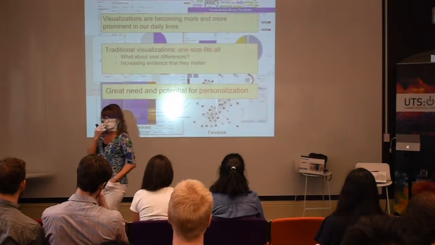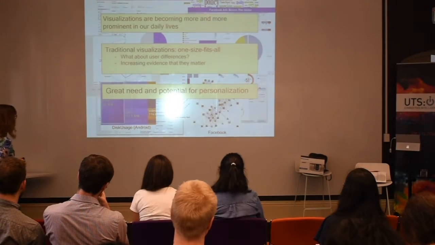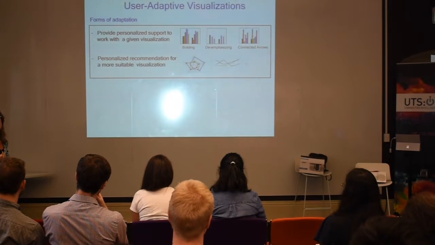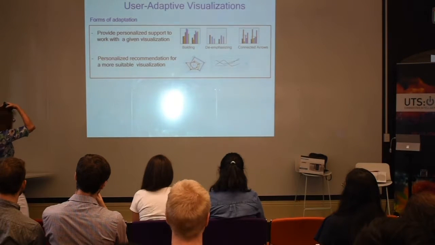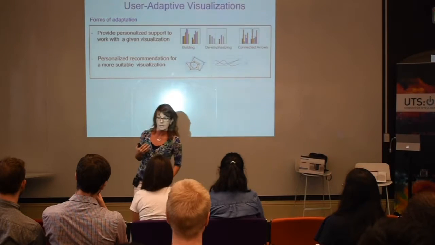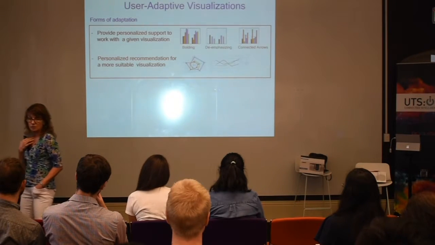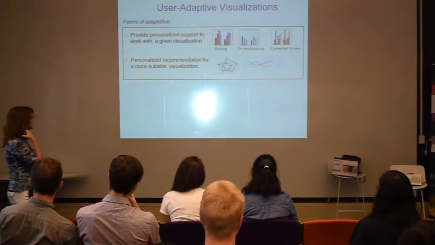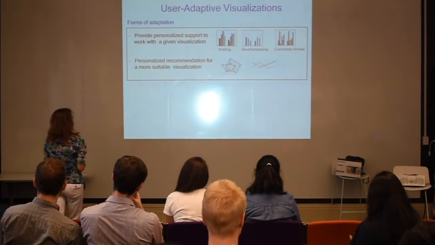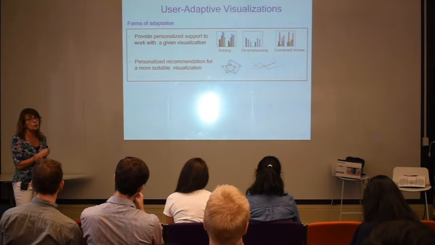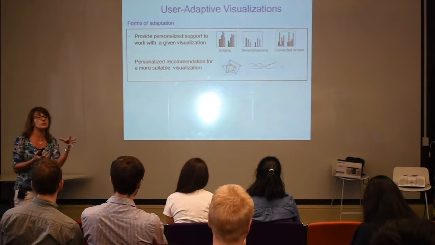This problem hasn't really been looked at. And so this is one of the reasons why, with my team, we started thinking about user-adaptive visualizations. The ways in which adaptation could be provided to people to work more effectively with visualizations fall into these two categories. First, one can think of providing personalized support to work with a specific visualization.